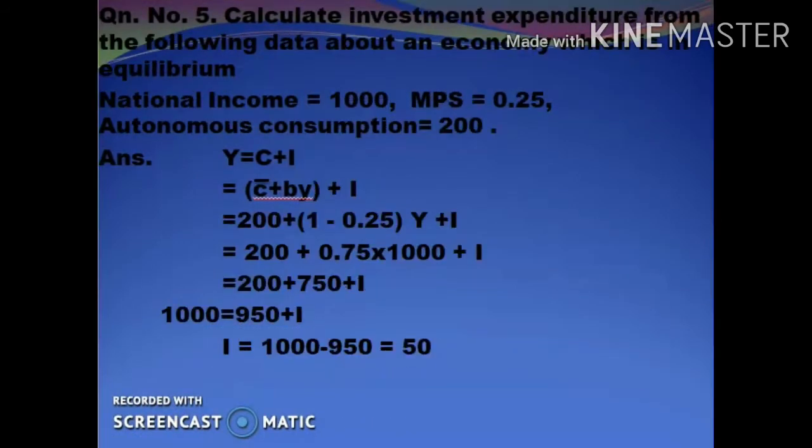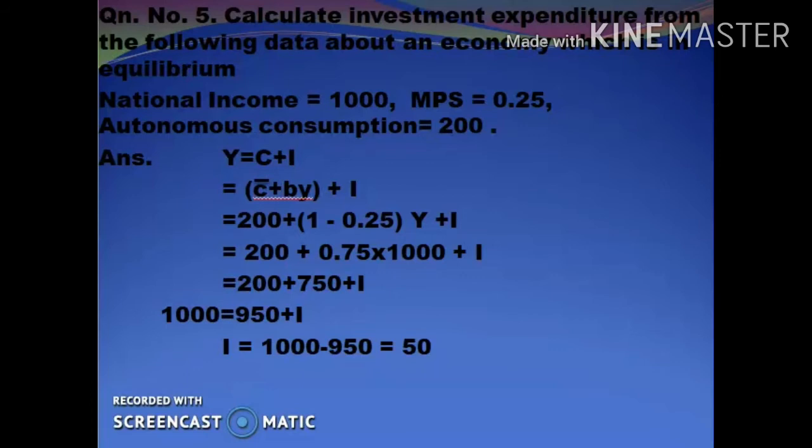Thank you. Next question: calculate investment expenditure from the following data about an economy which is in equilibrium. The national income is given as 1000, MPS is given as 0.25 and autonomous consumption is given as 200. So what is the formula? Y equal to C plus I. As in the previous sum, we have to substitute the C value: C bar plus bY plus I. Next line, we substitute the values: 200 plus, in brackets, 1 minus 0.25.